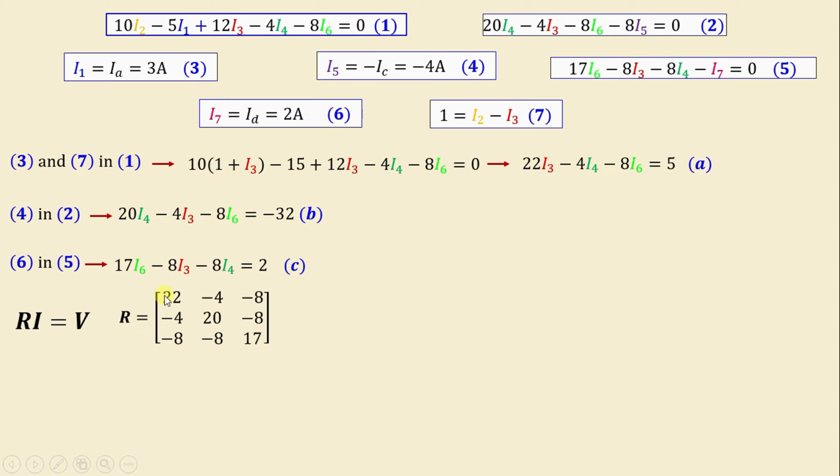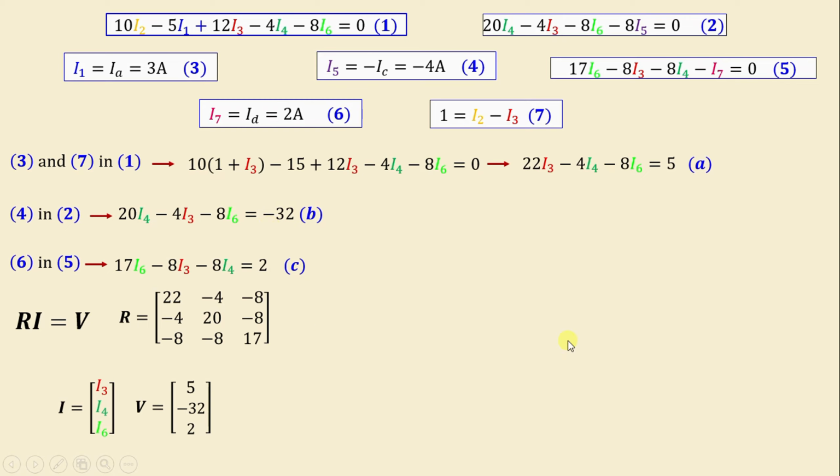The first column is the coefficients multiplying I3 in the first, second, and third equations. The second column is the coefficients multiplying I4 in the first, second, and third equations. And the last column is the coefficients multiplying I6 in the first, second, and third equations. I represents the vector of the unknown mesh currents, and V is given by 5, negative 32, and 2.